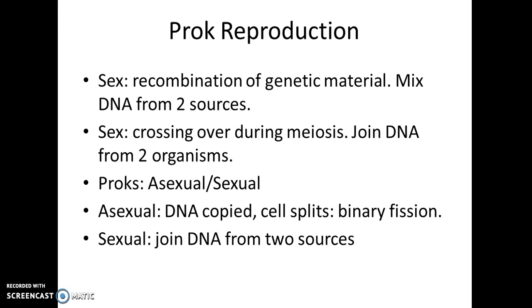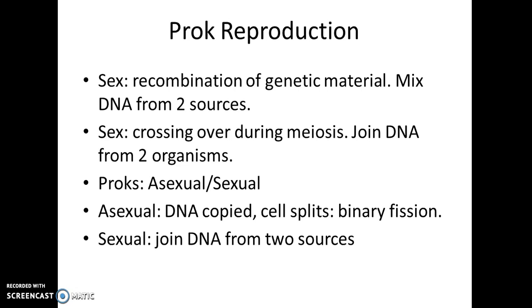Please don't confuse it with copulation, but sex is the recombination of genetic material. So when we have sex, the chromosomes in our gametes or sex cells cross over during meiosis. That means the DNA from two sources, the mom and the dad, mix. That is sex. We are mixing up the DNA from two organisms.